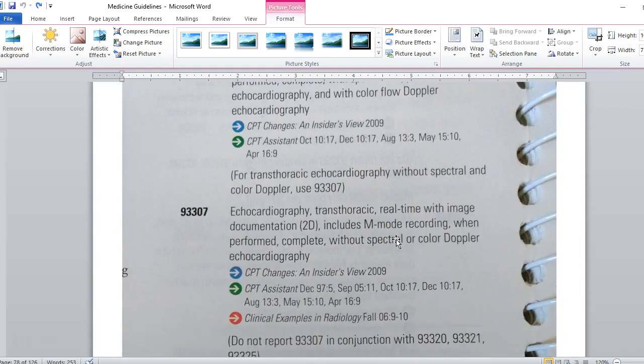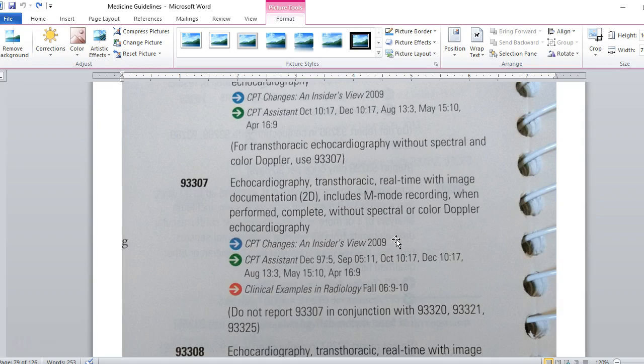Now, what we have to worry about is the differences between the congenital cardiac anomalies and all the other ones. So for instance, if you look at code 93303, it says transthoracic echocardiography for congenital cardiac anomalies. Okay, so again, we have to be careful. If we're looking at 93307, it's just echocardiography, transthoracic, real-time image, etc. So we do have codes in this section for congenital cardiac anomalies.